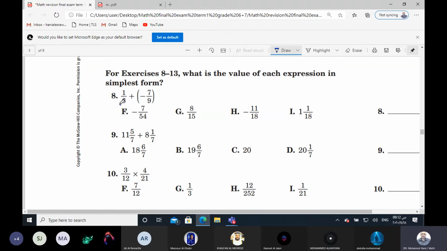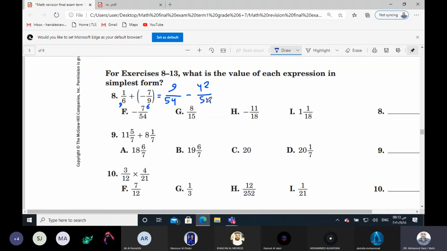Put here 9 and put here 6. Then 9 times 1 will be 9. 9 times 6 will be 54. Positive times minus, minus. Here, 6 times 7 will be 42. And 6 times 9 will be 54.